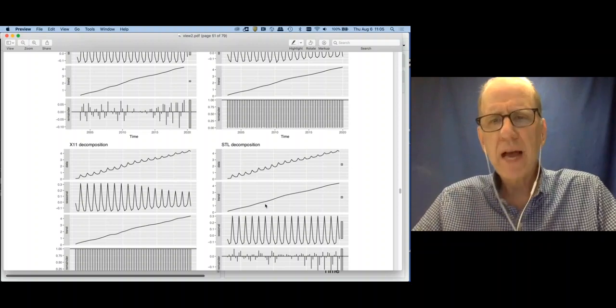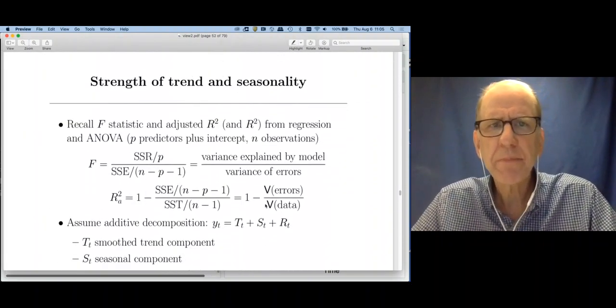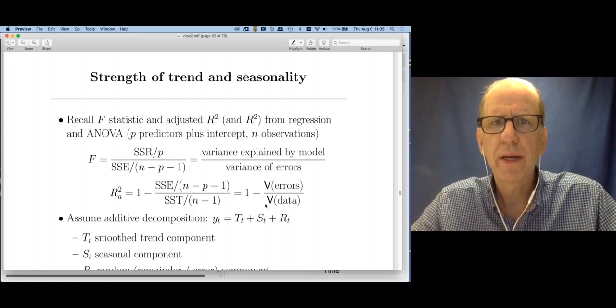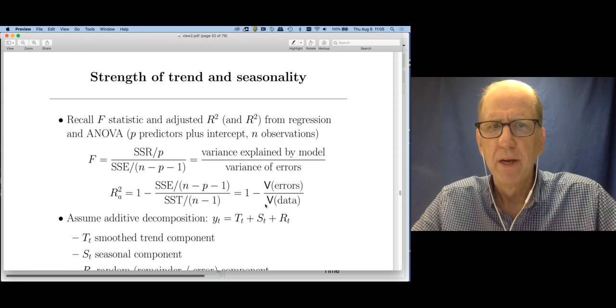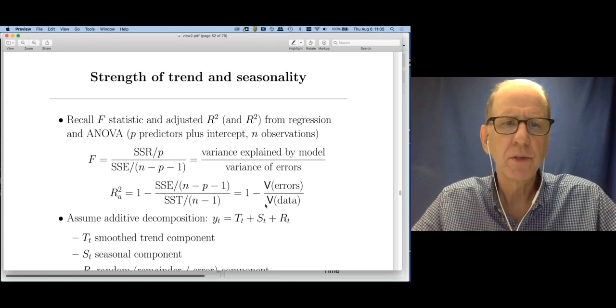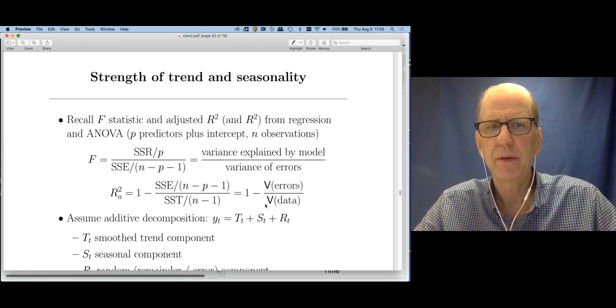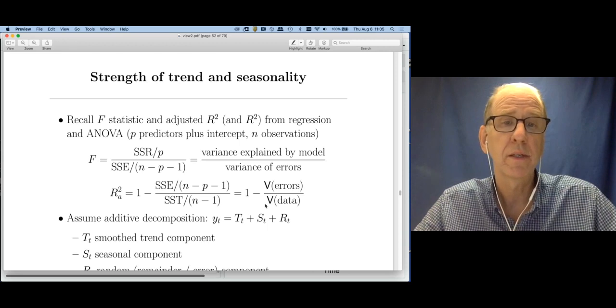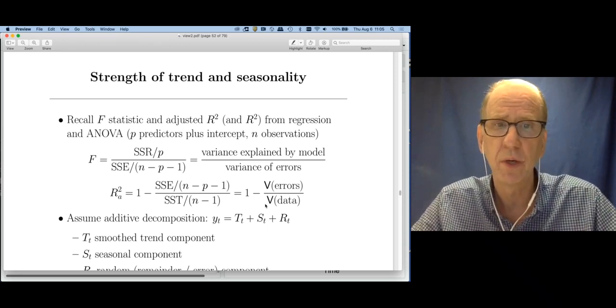All right, the last thing I want to talk about is, how do we measure the strength and trend of seasonality? So in order to do this, I want to remind you of a lecture. I'll send out a link to this later, but I call it model accounting in the ANOVA table.